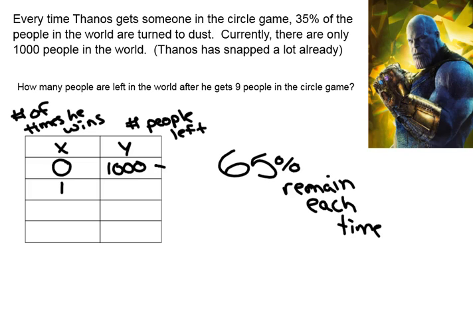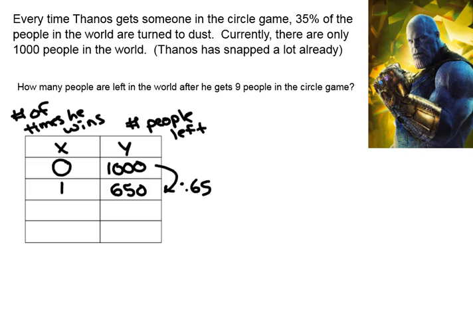So we're going to do times 0.65, and we're going to get 650. That one I can do in my head. And then we would just keep doing that. On the second turnaround, we would do 1,000 times 0.65 times 0.65.